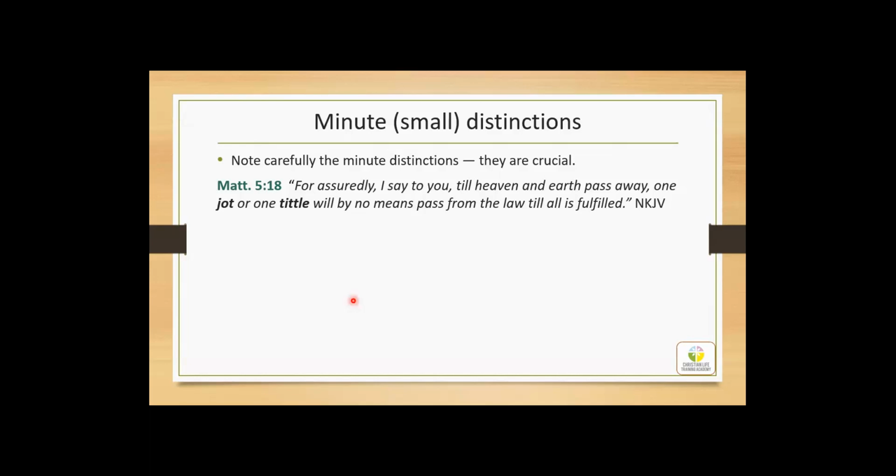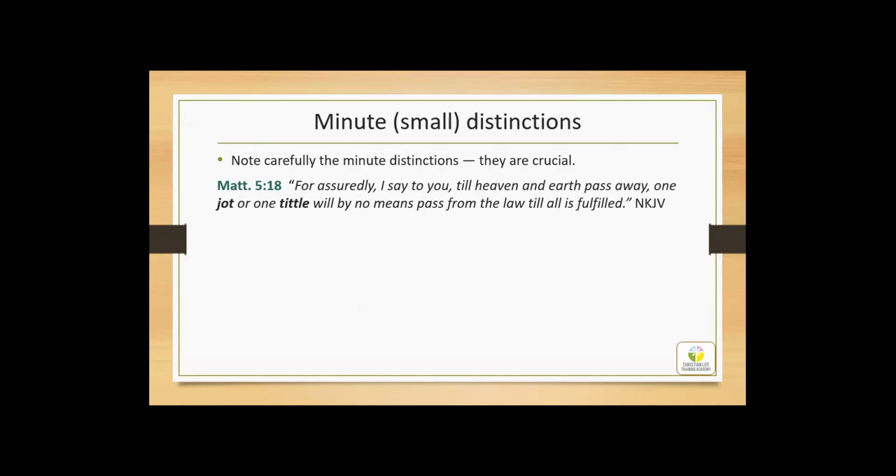Now, the Greek word is keraia, which means a little horn. Greek is keraia, or a little horn, in Matthew 5:18 and Luke 16:17, same thing.